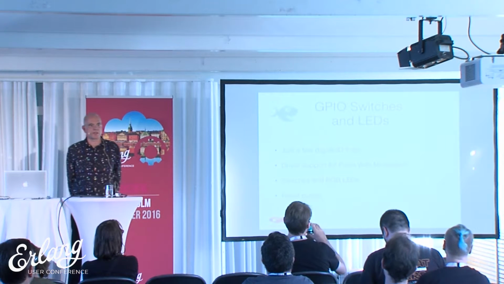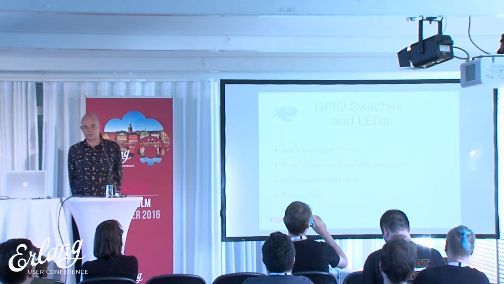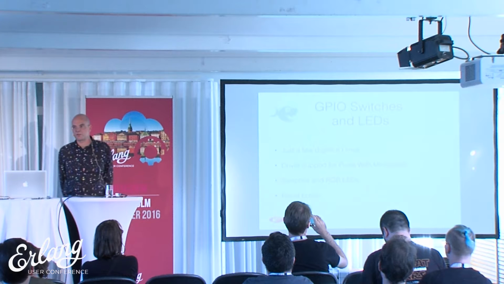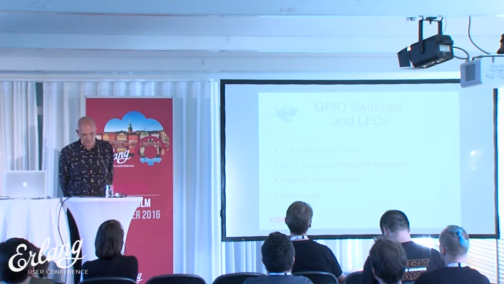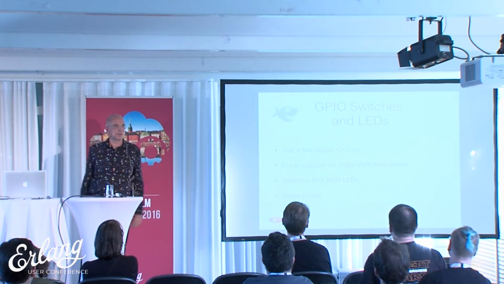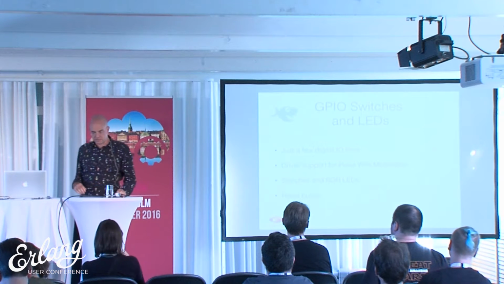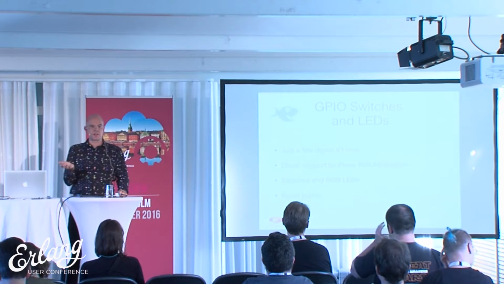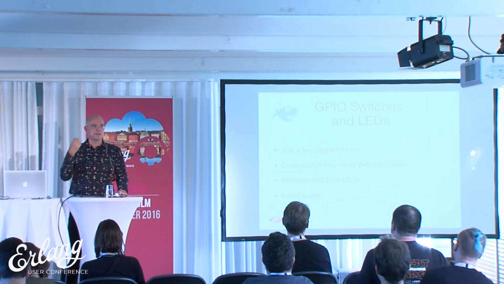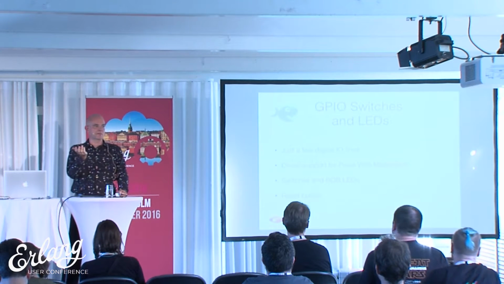So a little bit more explanation about the I/O stuff, since we are at a software conference and not a hardware conference. GPIO, general purpose I/O, is basically 4 digital lines which you can switch on and off, and they are mapped to bits in a register.